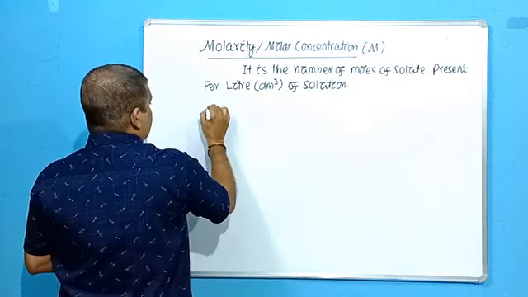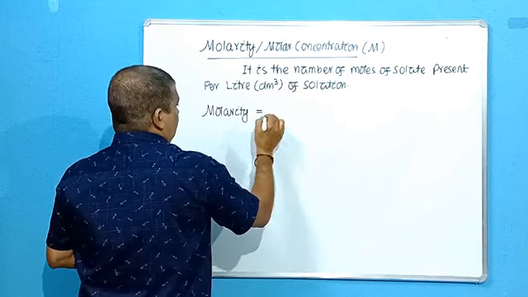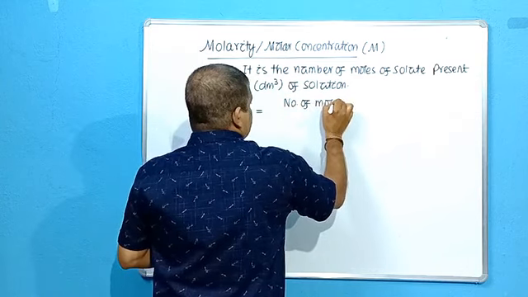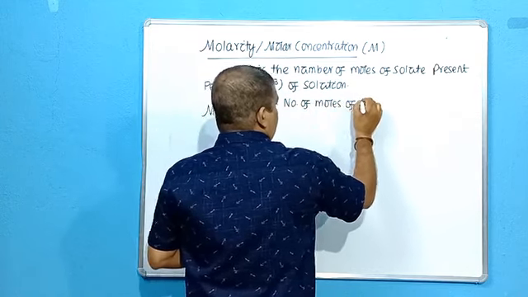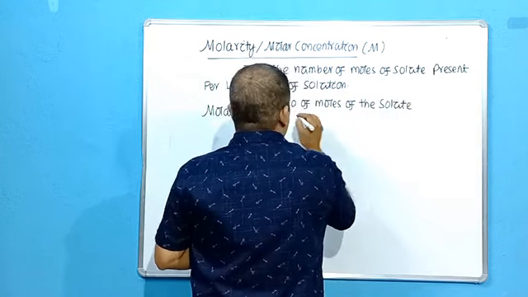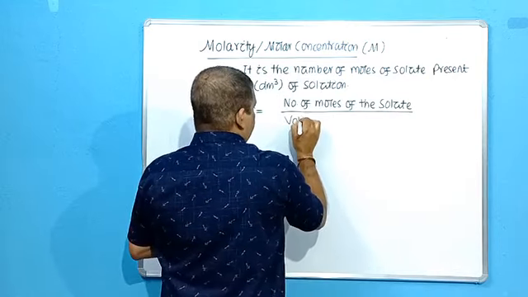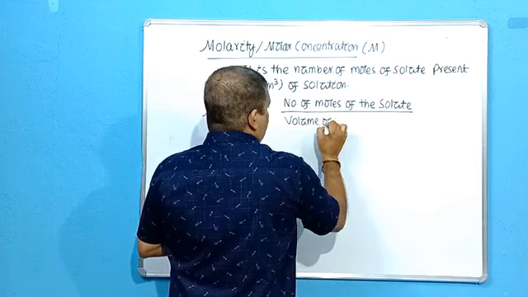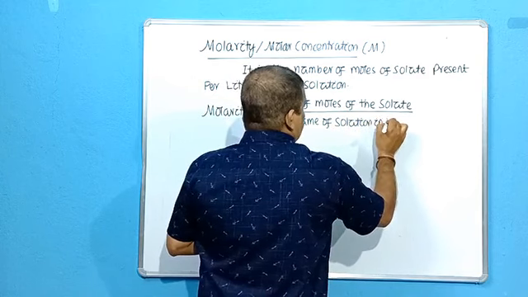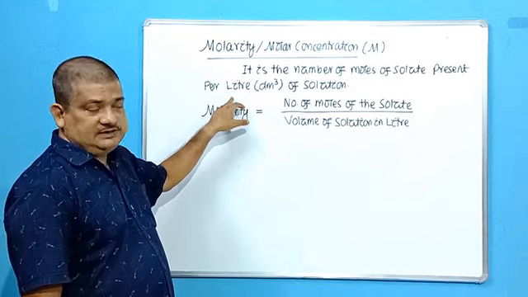That means we can write molarity will be equal to number of moles of the solute divided by volume of solution in liter, because it is expressed per liter or per decimeter cube.